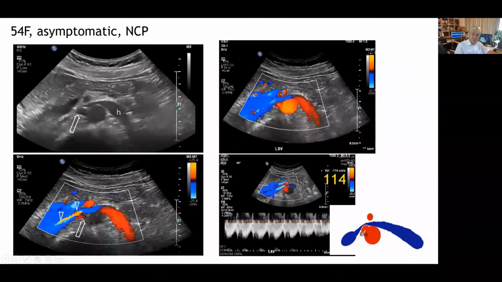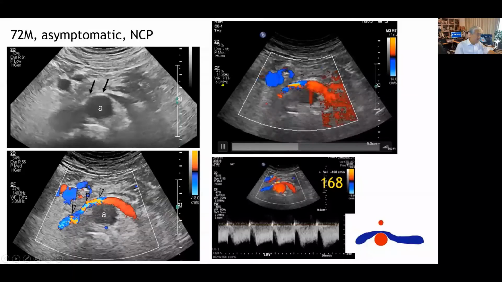And the peak flow velocity was 114 centimeters per second. So the pattern of the left renal vein compression in this patient is like this schema.